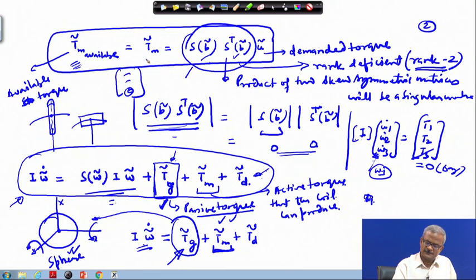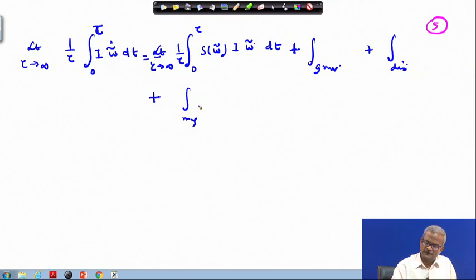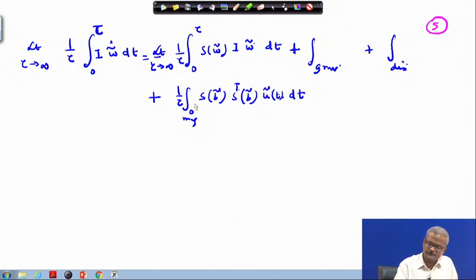So, this is your T magnetic. So, this is S_B tilde times S_B tilde transpose times U tilde, 1 by tau from 0 to tau, and limit tau tends to infinity. Other terms you can fill in here.